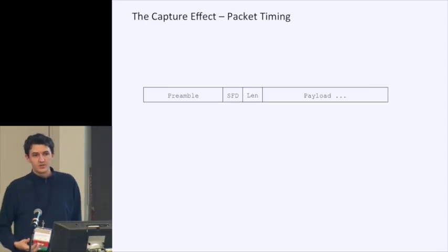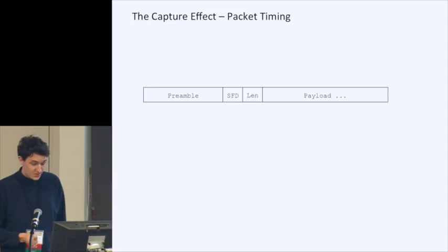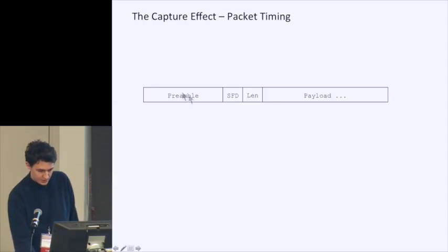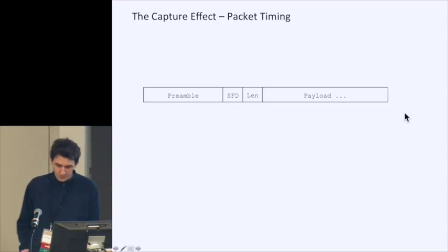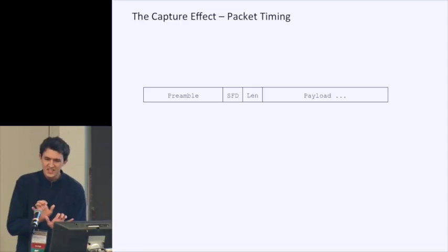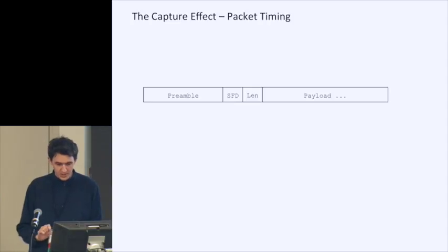There's one more thing which is very important for invoking the capture effect, and that is packet timing. So typically your packet looks something like this. You have a preamble in the front, the start of frame delimiter, a length field, and then the payload. And now, if two packets arrive, and they're not exactly simultaneously, but a little bit off, there may be complications.